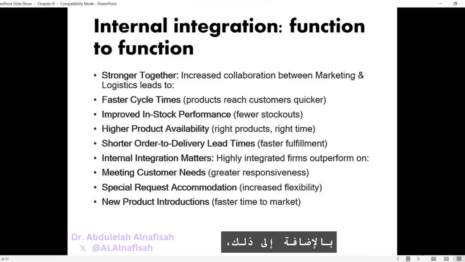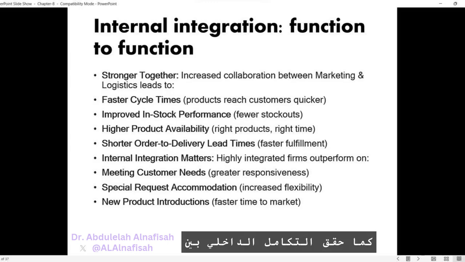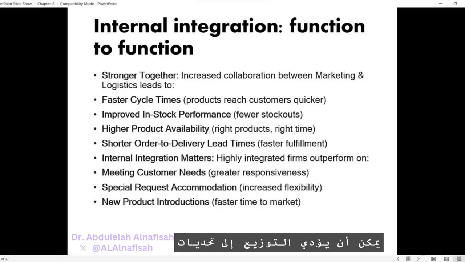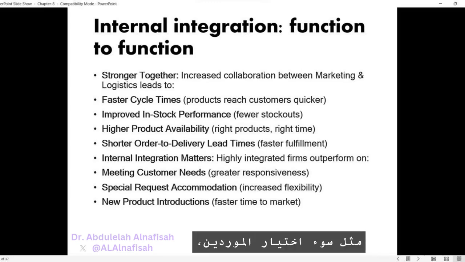Additionally, a study of Spanish food manufacturers showed that firms with high levels of internal integration between logistics, production, and marketing also achieved the highest levels of external integration. The research suggests that firms should continue to improve internal integration. Functional barriers between purchasing, manufacturing, and distribution can lead to challenges such as poor supplier selection, low product availability, and operational complexities.